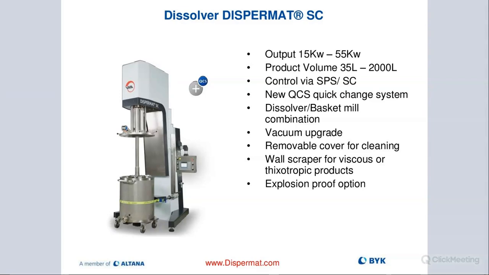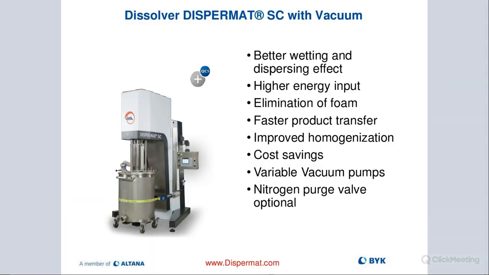Really perfect for somebody who has limited space in the manufacturing area and wants to produce an entire batch, dispersing and milling, on one machine. This is possible with the Dispersion SC, the dissolver/basket mill combination, and the quick change system, allowing you to really move quickly from a dissolver over to a basket mill.